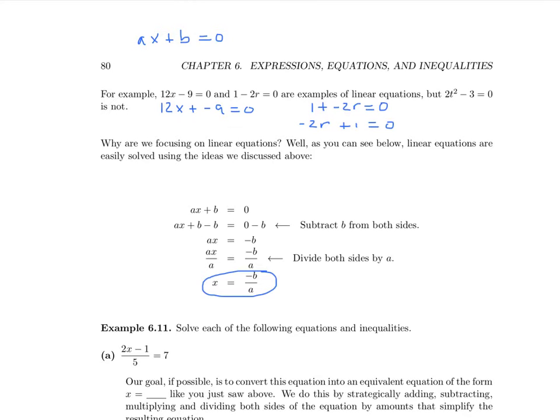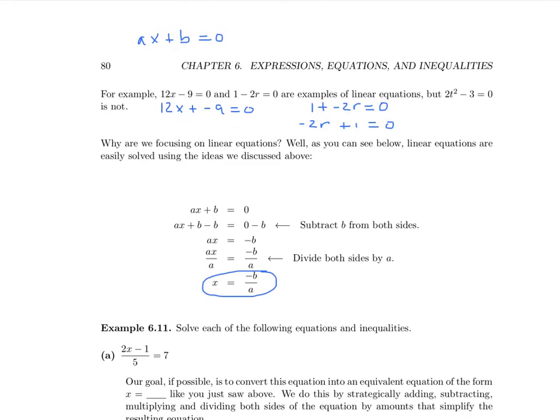So our goal is to repeatedly do things to the equation that cause us to obtain equivalent equations, with the goal of getting the simplest possible equivalent equation, namely the equation where the variable is all by itself on the left side.